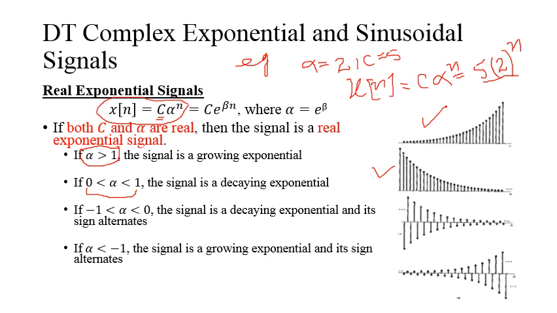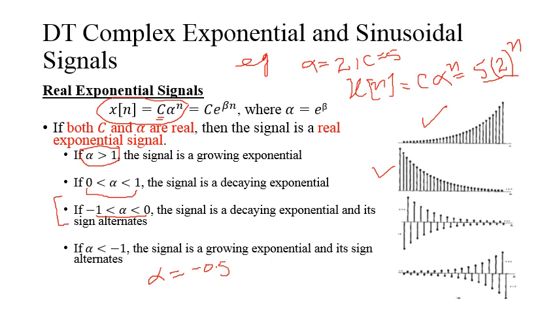Okay, so again, the next case is when alpha is negative but greater than -1 and less than 0. So for example, alpha is -0.5.